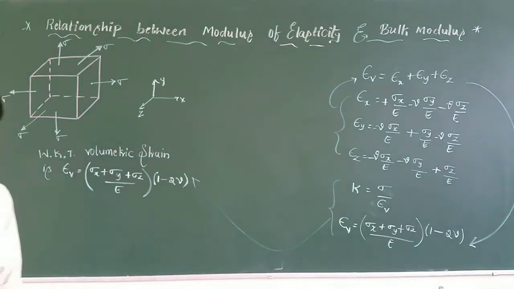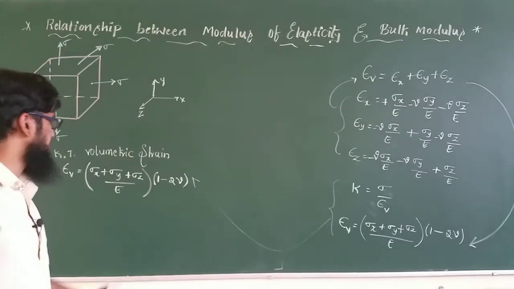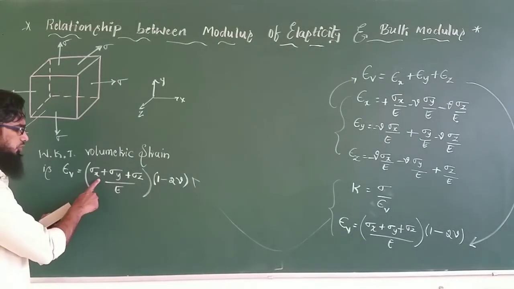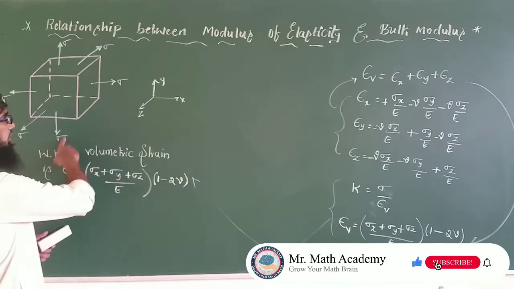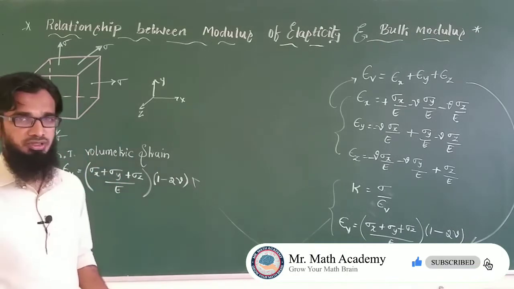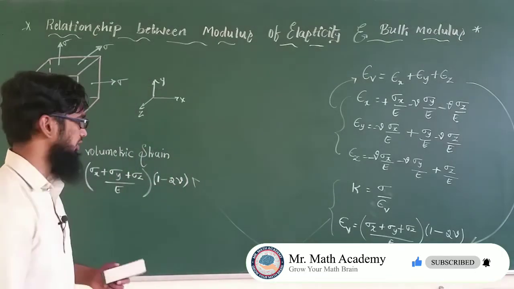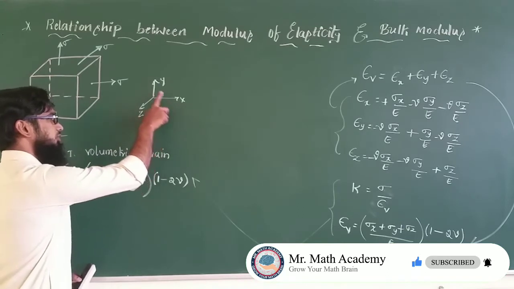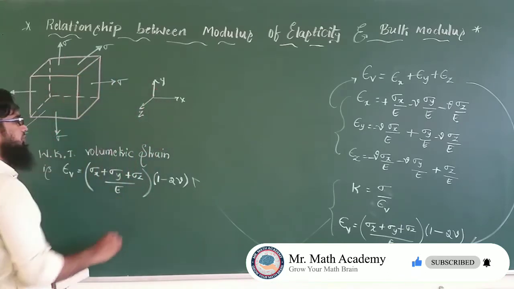Now the next thing is, in this equation I will just substitute sigma x, sigma y and sigma z as sigma, because I have taken sigma as common in all the directions. So that is called a member in a stress state condition. That is why in the x direction, y direction as well as the z direction I am considering the stress will remain the same.